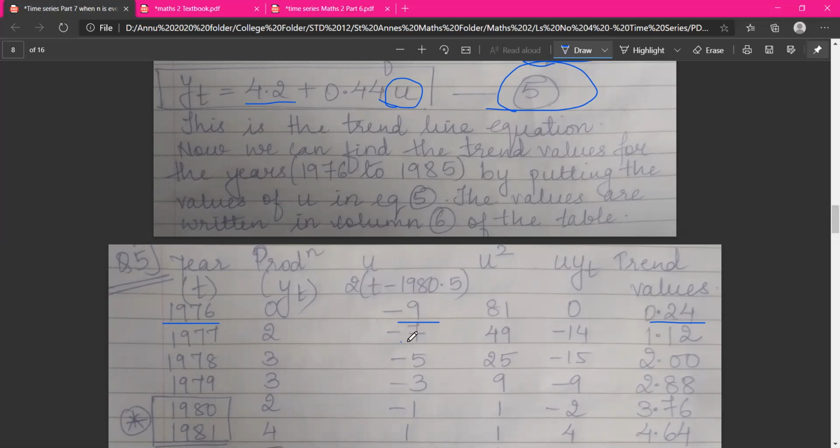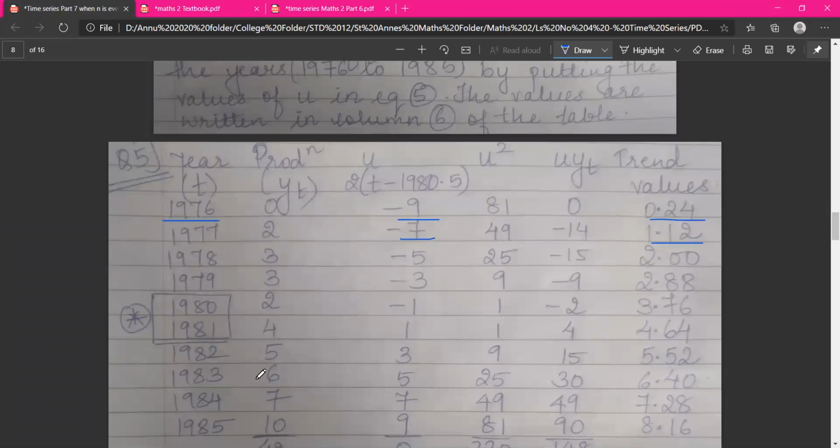In the similar manner, you will substitute -7 in place of u. Again, आपको कुछ answer आएगा, and as there is a minus sign, आप subtract करोगे, so you get the value as 1.12. In the similar manner, you will keep on putting all the numbers. Now, class, remember one thing, जहाँ पे minus sign है, वो सारे numbers आप minus करोगे.